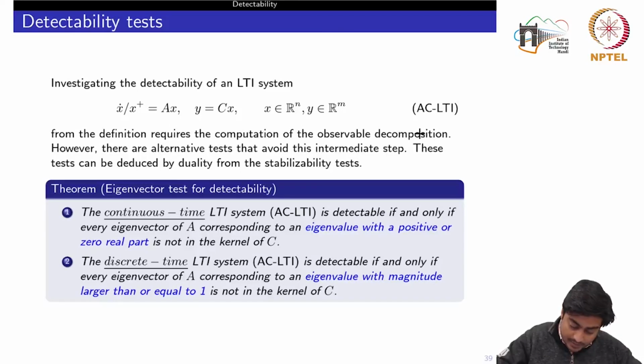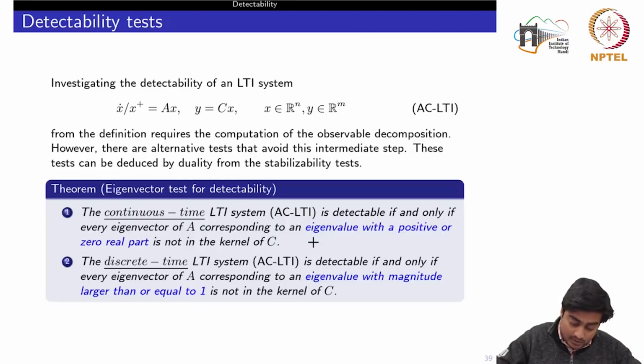So the continuous time LTI system is detectable if and only if every eigenvector of A corresponding to an eigenvalue with a positive or zero real part is not in the kernel of C. If you recall the eigenvector test for observability, it says the eigenvector of A is not in the kernel of C, without any association with the eigenvalues.